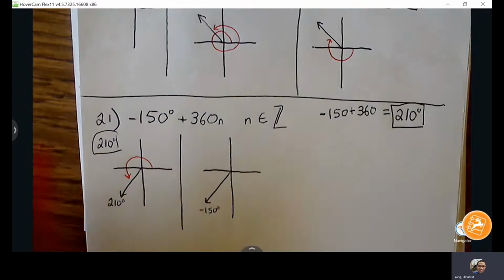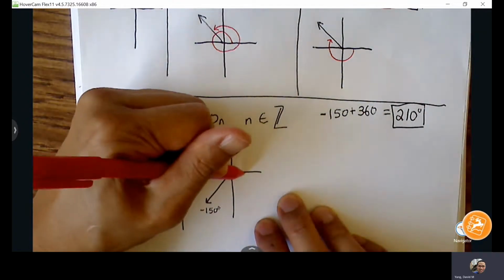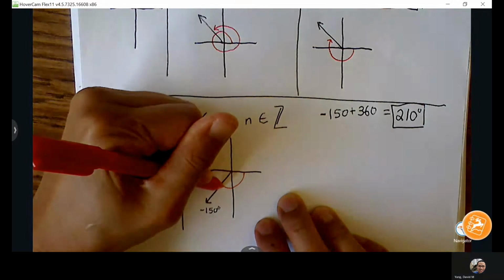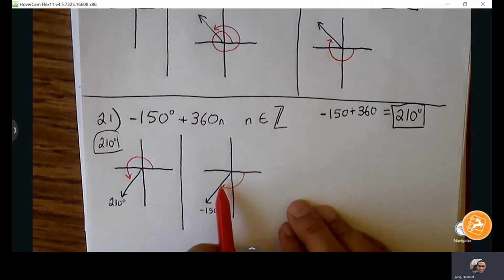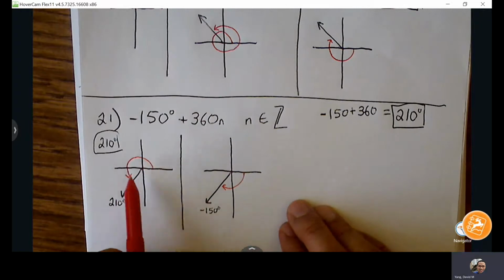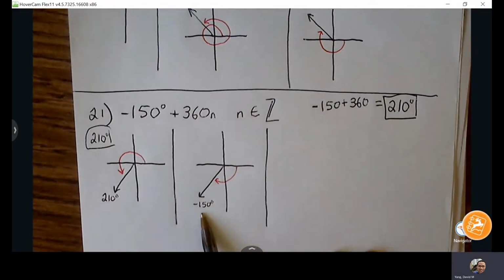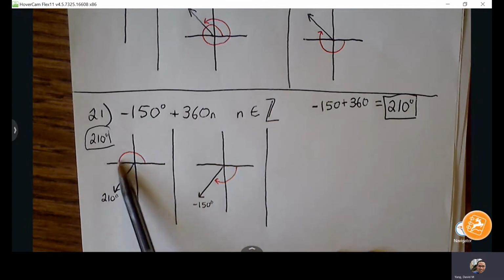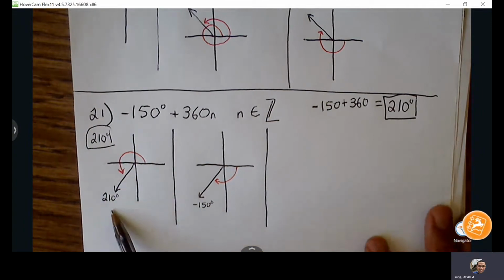So to get to that negative 150 degrees, we're going to start on the initial side and go this direction here. So this is the measure of negative 150, 210. Okay. So this is the original, but we started with the coterminal angle because it's just easier to recognize.